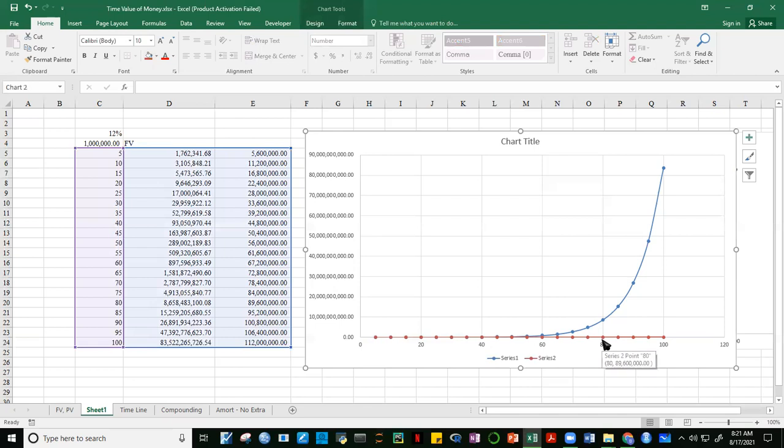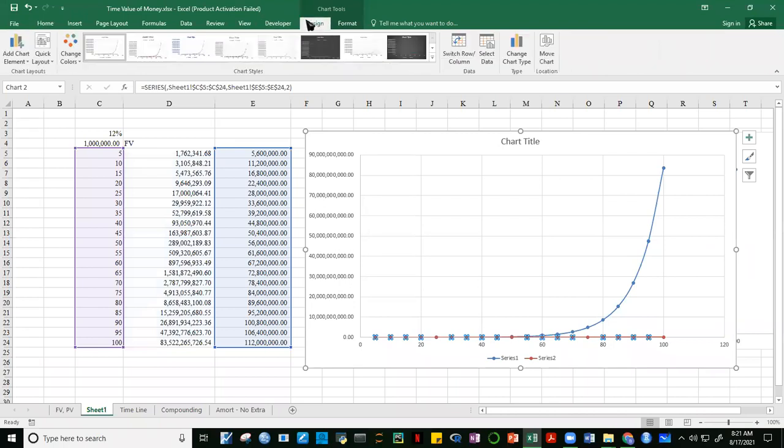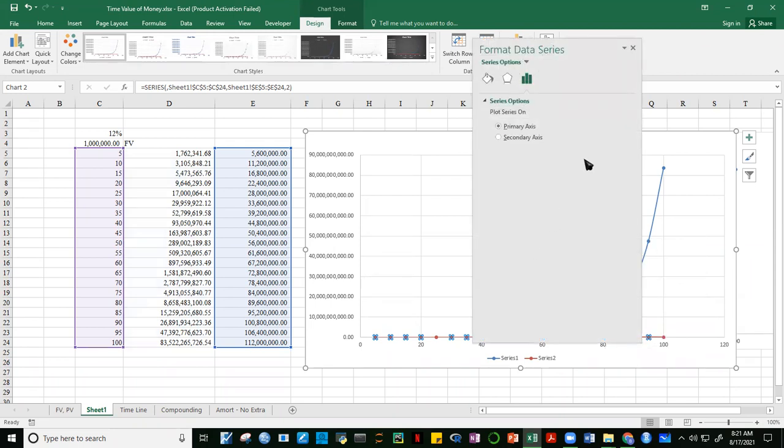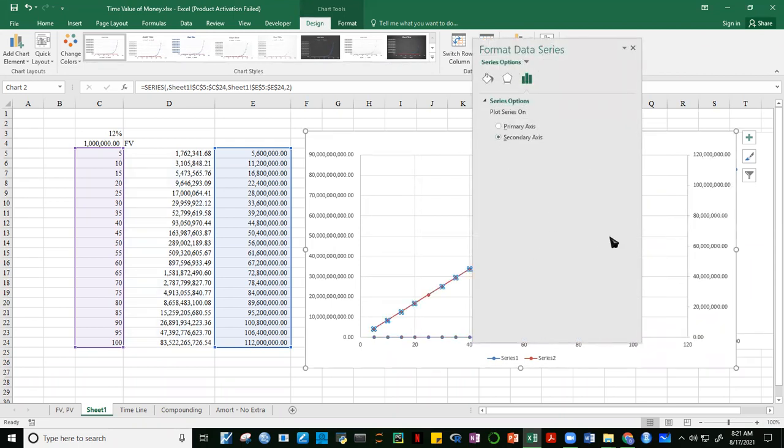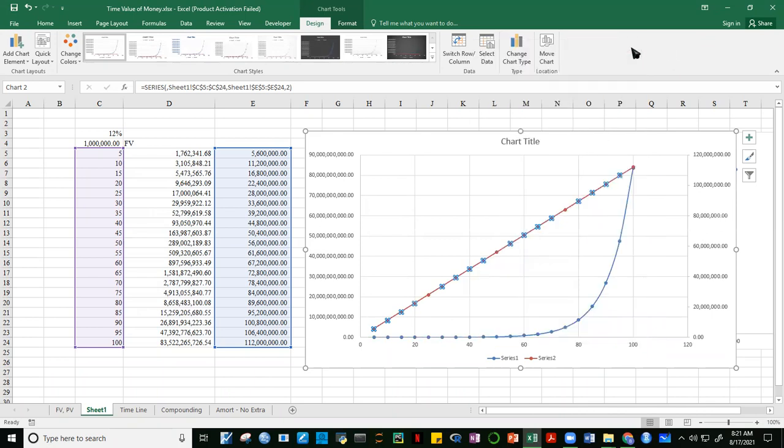Hindi to scale unless I change the design. Okay, dali. Format data series. Gawin ko secondary axis. Hindi natin makikita yung... Okay?